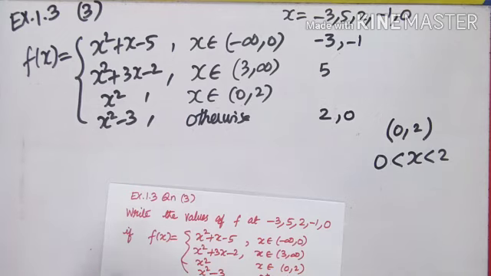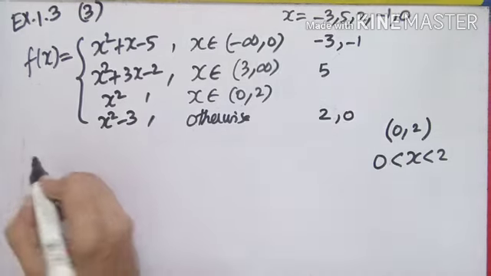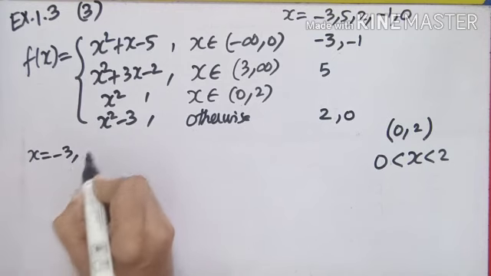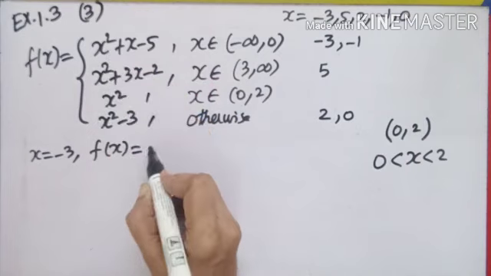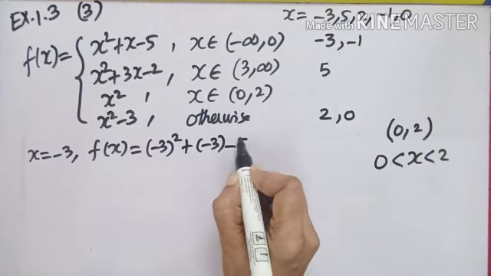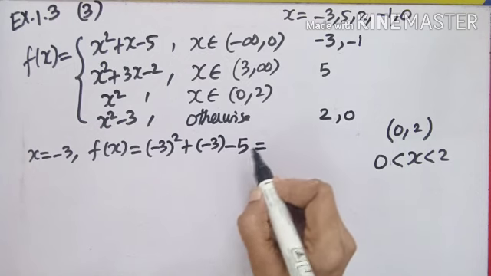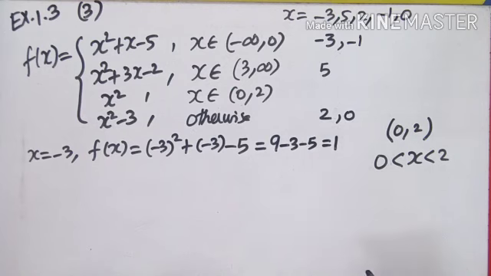Now we will find out the answers as I substitute. X is equal to -3. F of x is equal to, substitute here, -3 square plus -3 -5. Simplify and write the answer. 9 -3 -5, that is 1.